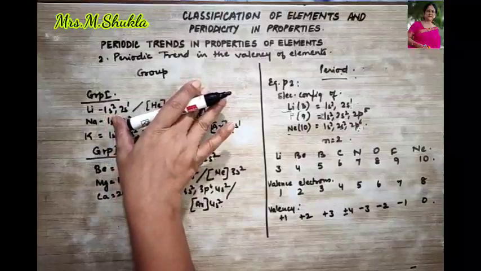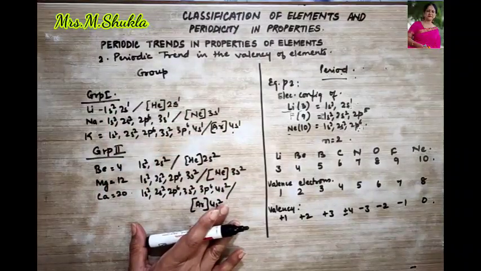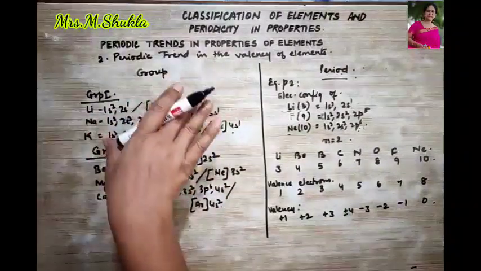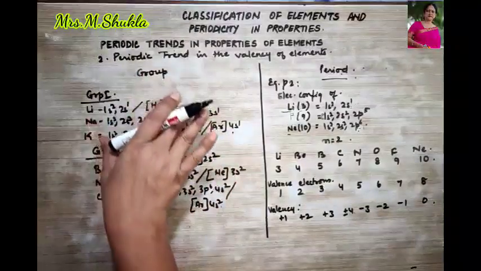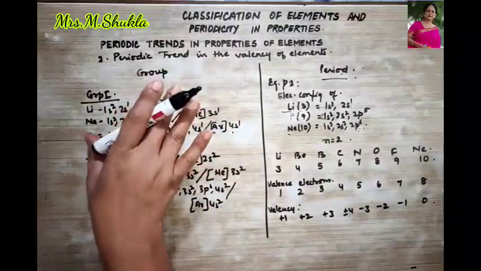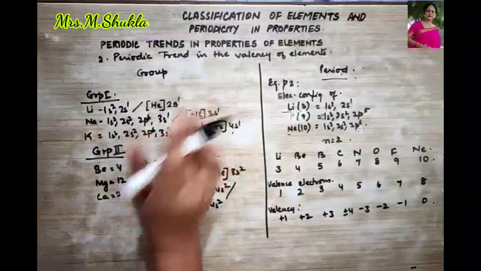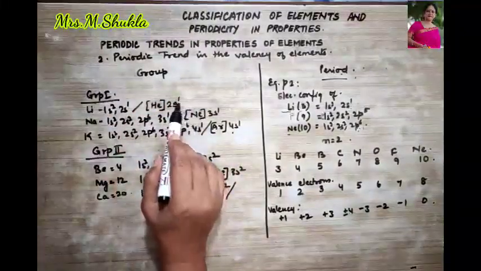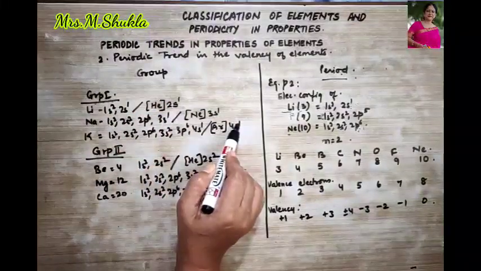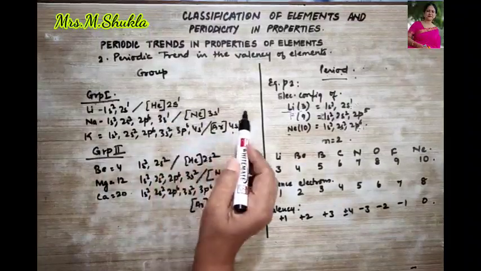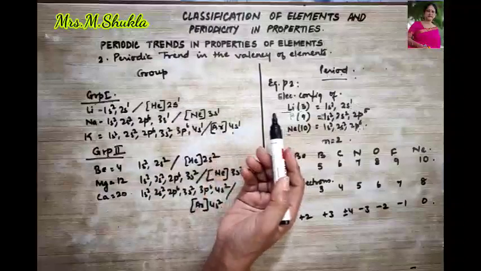Now let us look about the valency in a group. In a group, all the elements in that same group, they have the same normal valency. Look at group 1. All of them have 1 electron in the outermost shell. That means they can lose that 1 electron. So that is their valency.